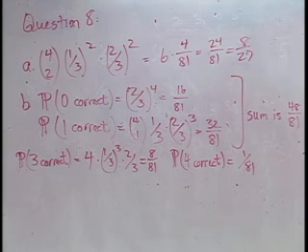Okay, the last question is, suppose the student gets an email saying you failed the quiz, and he asks, oh goodness, what's the chance that I got them all wrong?